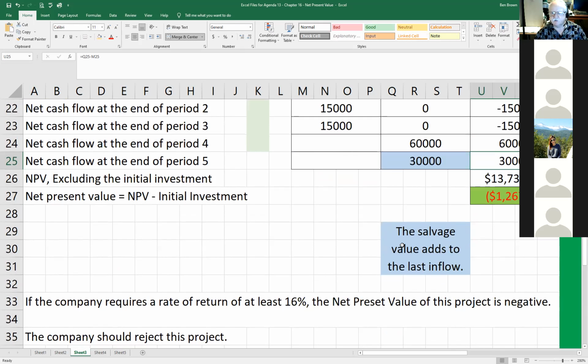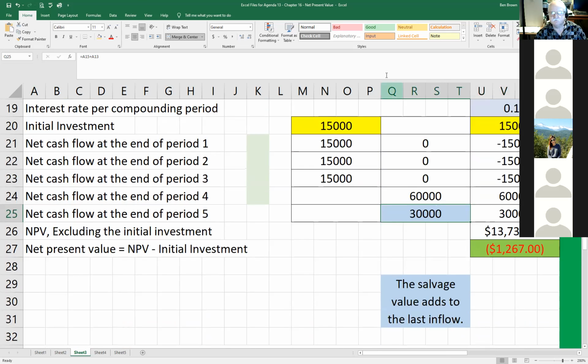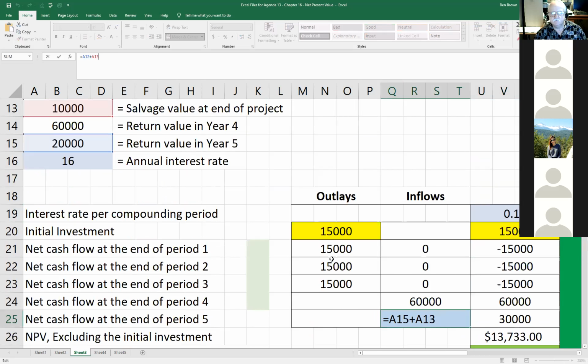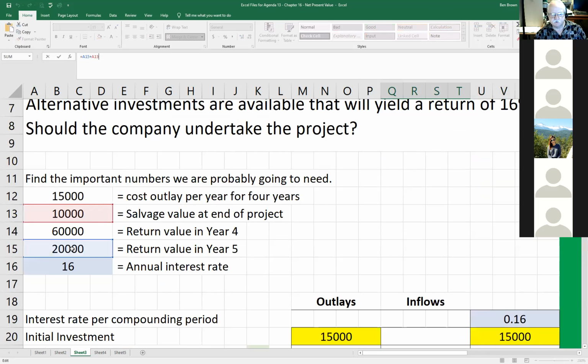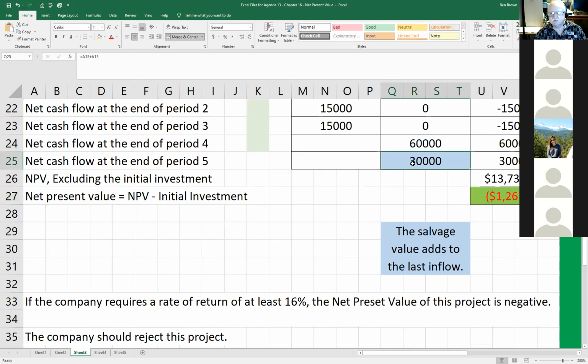The salvage value adds to the last inflow. So here, what we did was we added the 20,000 that they got in the last year, plus the salvage value. So this last inflow has to include that salvage value.